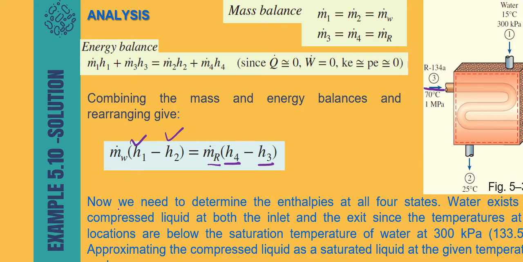So now we do it for water first, h1 and h2. Okay. What is the operating condition given? You are given T, and you are given P, if I'm not mistaken.